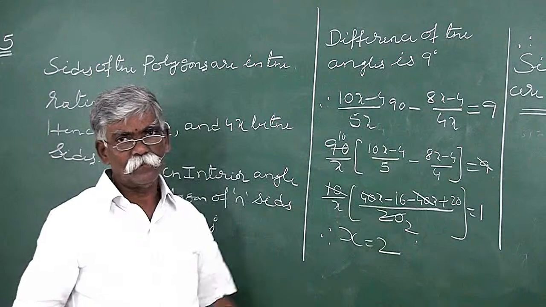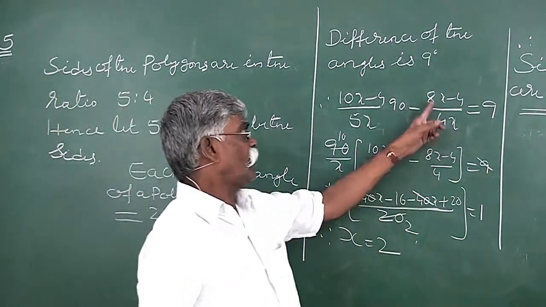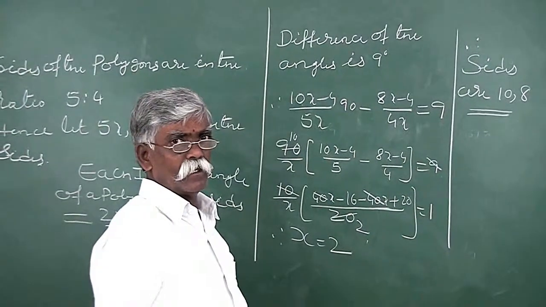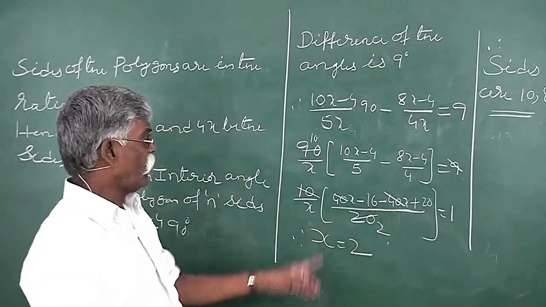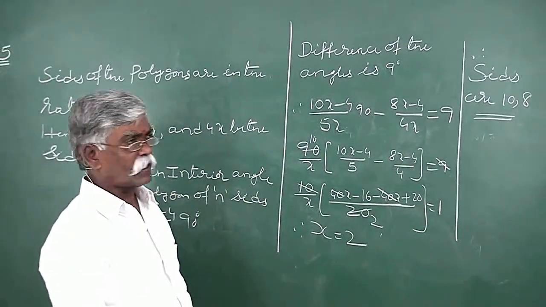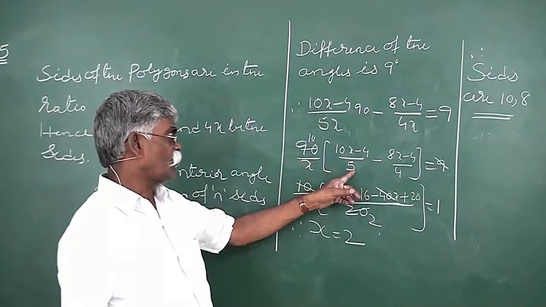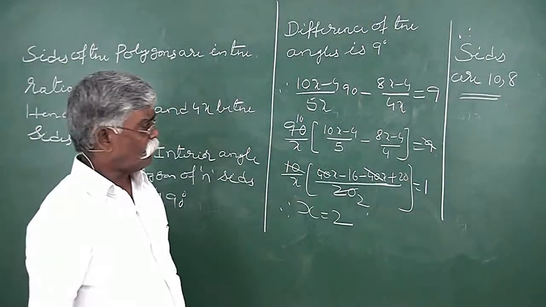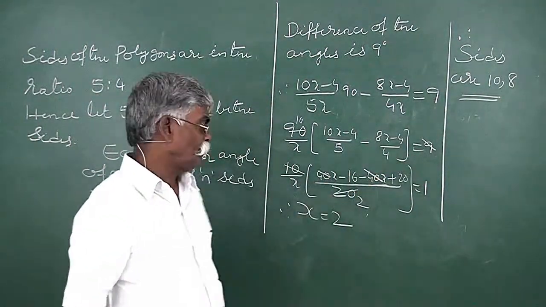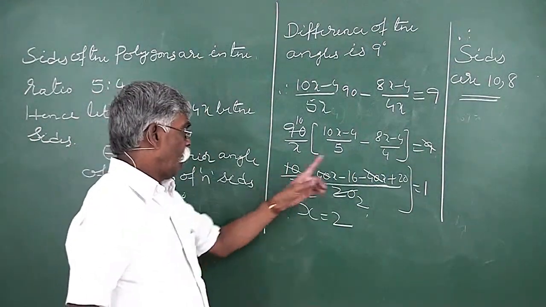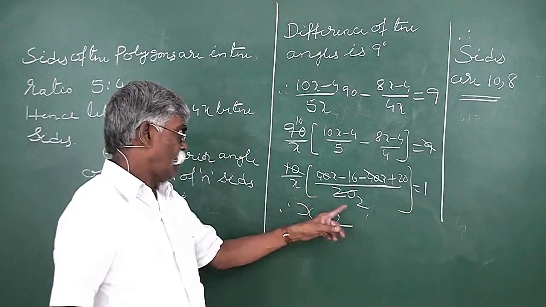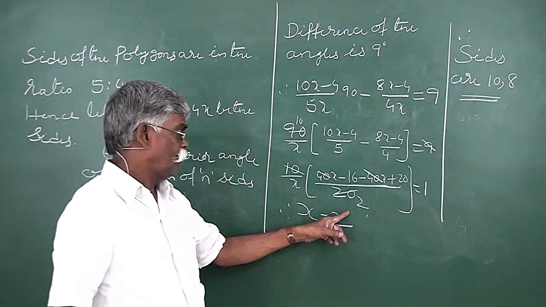(10x minus 4) by 5x into 90, minus (8x minus 4) by 4x into 90, is equal to 9. It is given. So 90 by x is taken as common factor. So (10x minus 4) by 5 minus (8x minus 4) by 4 is equal to 9. And 9 gets cancelled 10 times. This is 10 by x. And 20 is the LCM.